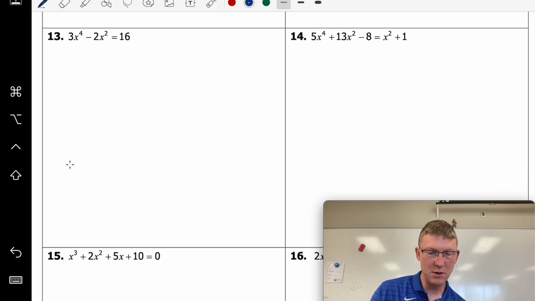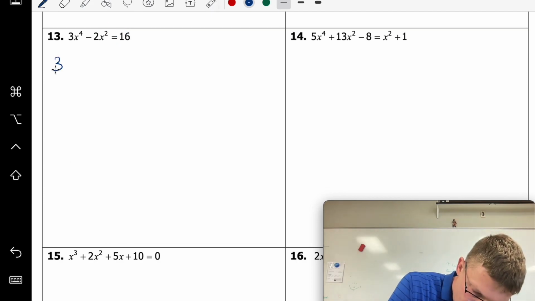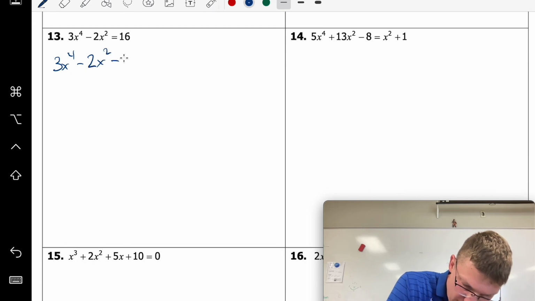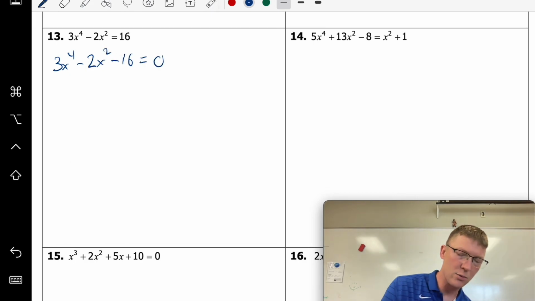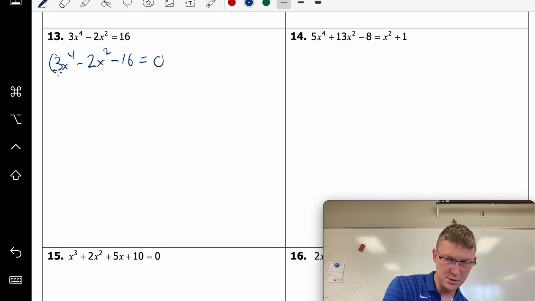So number 13, we've got to make it equal 0 first. So the 16 is going to go over there. So we're going to have 3x to the 4th minus 2x squared minus 16 equals 0. I can't even tell you if that's factorable or not because we've got this 3 here. So we're going to do the slip and slide.